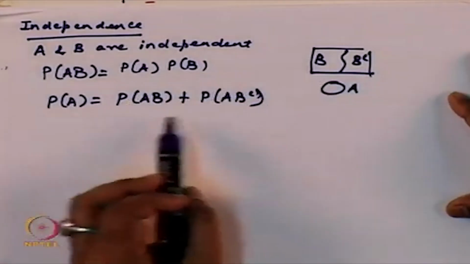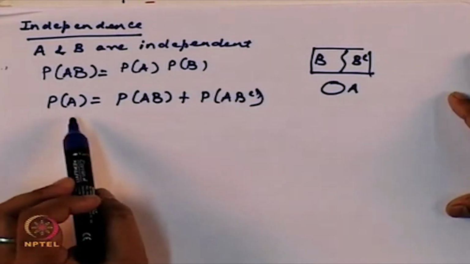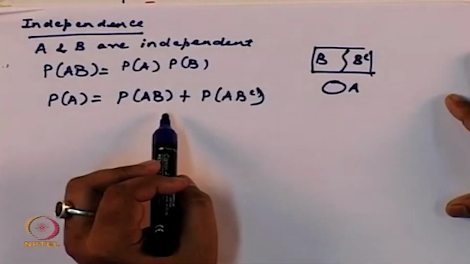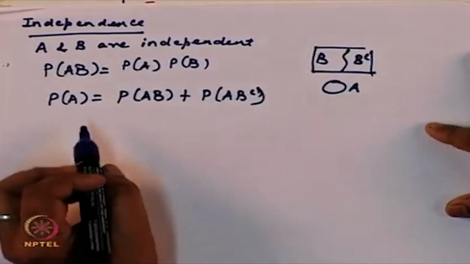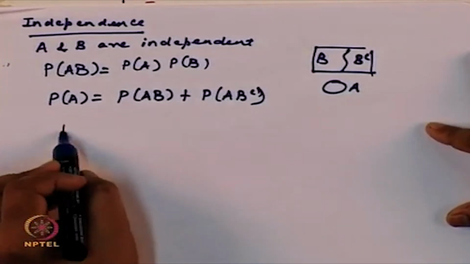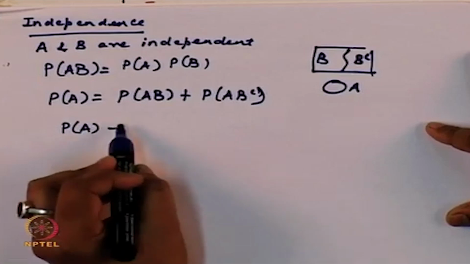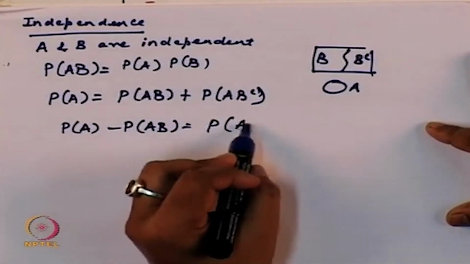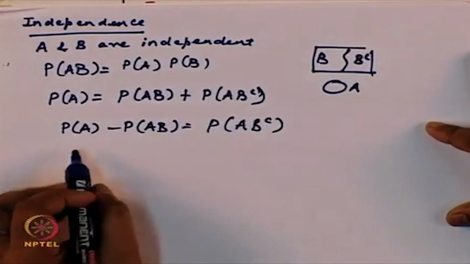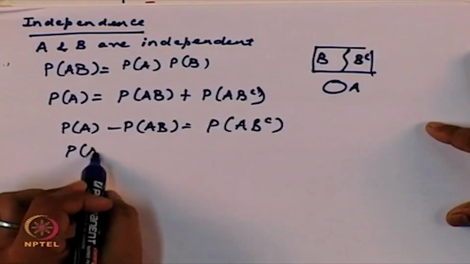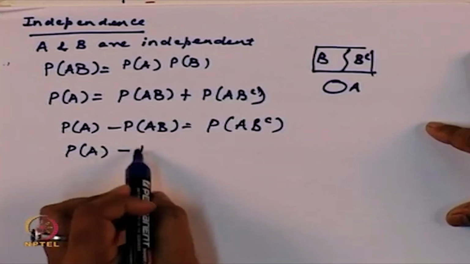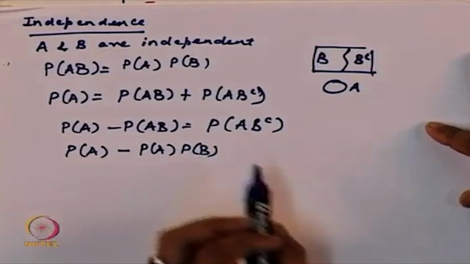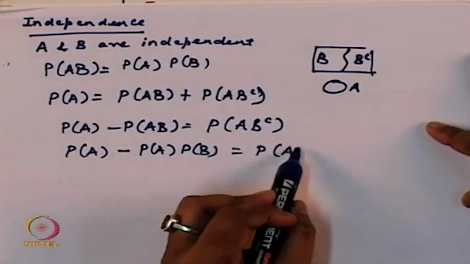But I can clearly write that P of A is P of AB plus P of AB complement. Now, I can take it to the other side: P of A minus P of AB is equal to probability of AB complement. This I can simplify if A and B are independent.